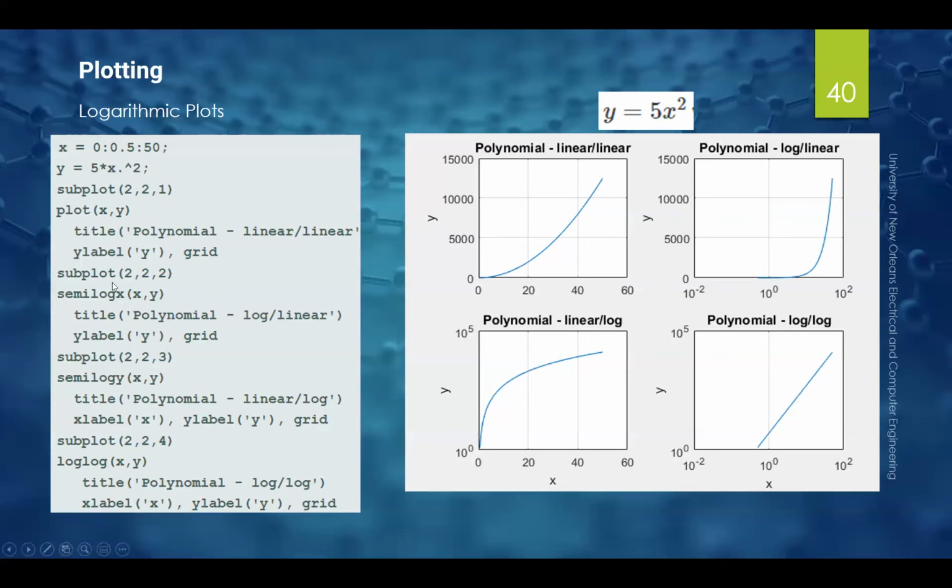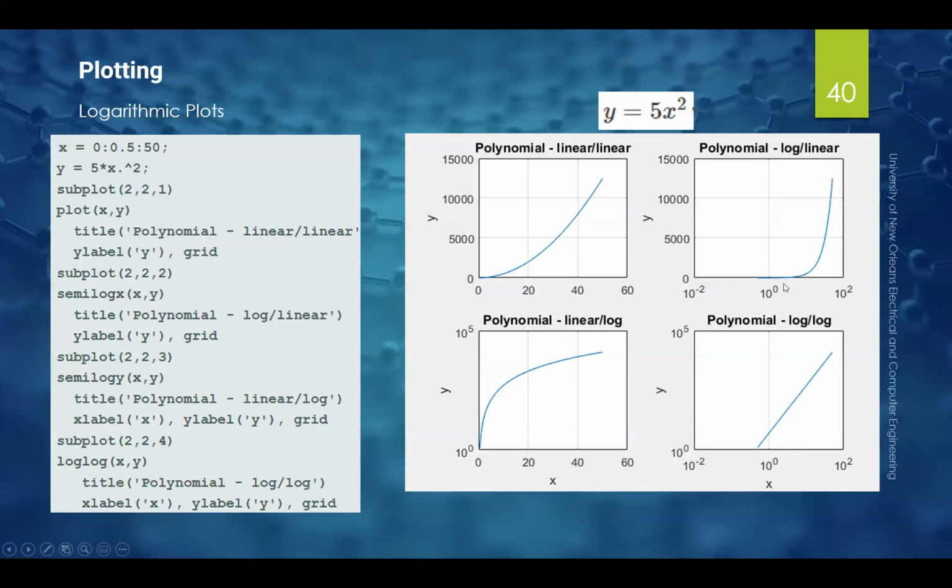The next plot says, okay, plot the next plot in the second location, which is this one, right? And I put in the title, this is a polynomial log linear function. And of course, the y label, the same thing. It's just plotting this because I've used the semilog x, right?